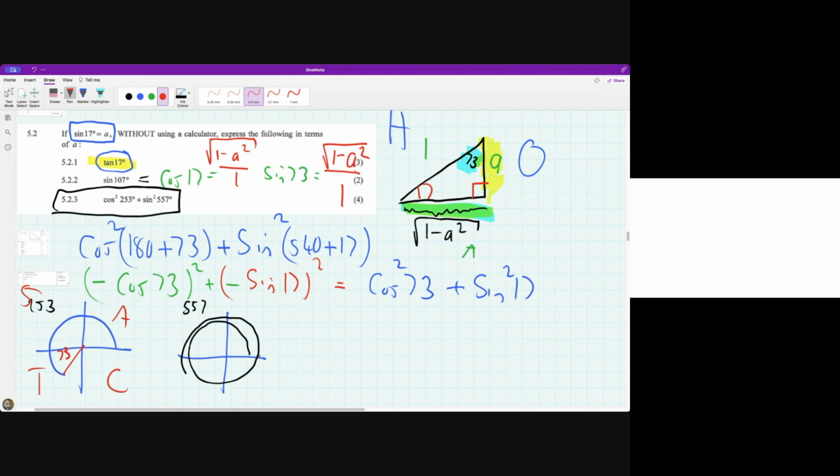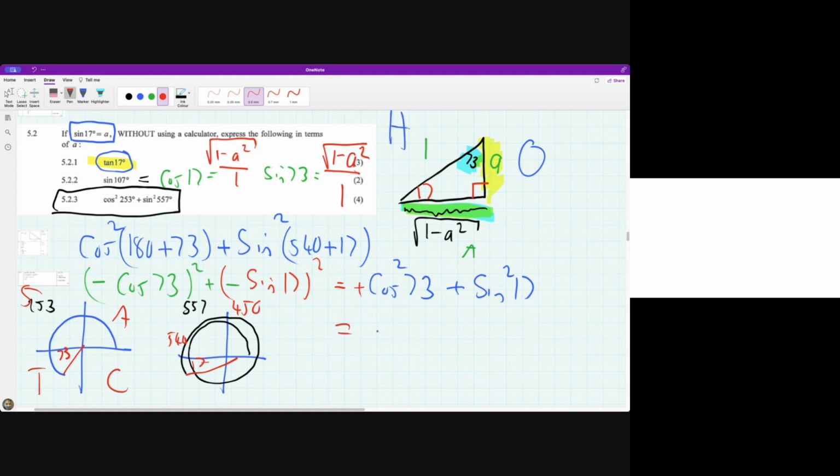For 557, I basically went all the way to 360, and then I went 450, 540, and then a little bit past, which gives me the 17 there. But I'm still negative for sine in that quadrant. Then because I'm squaring it, negative times a negative is a positive. So that's why I've got positives.